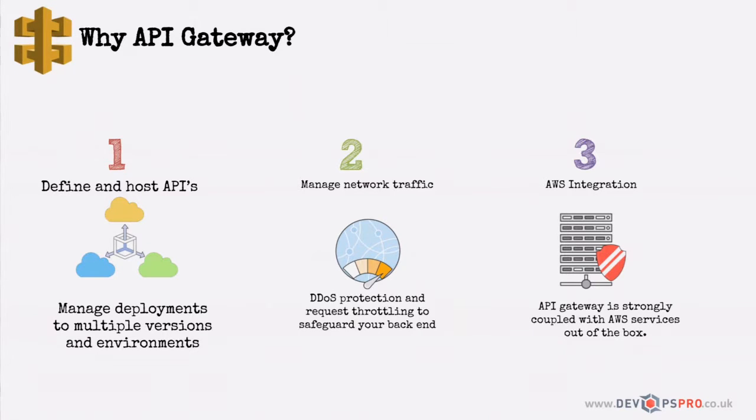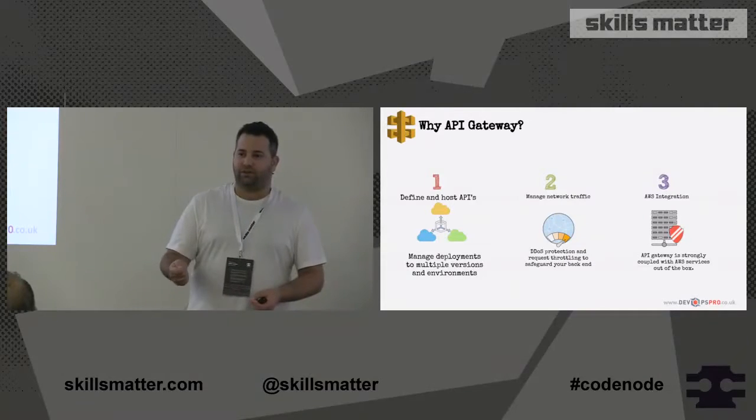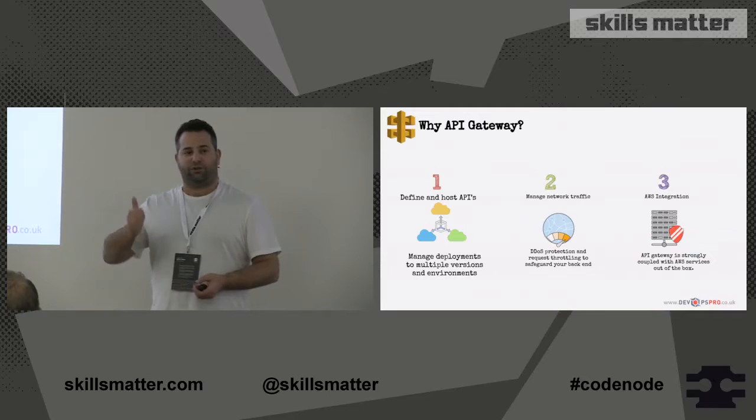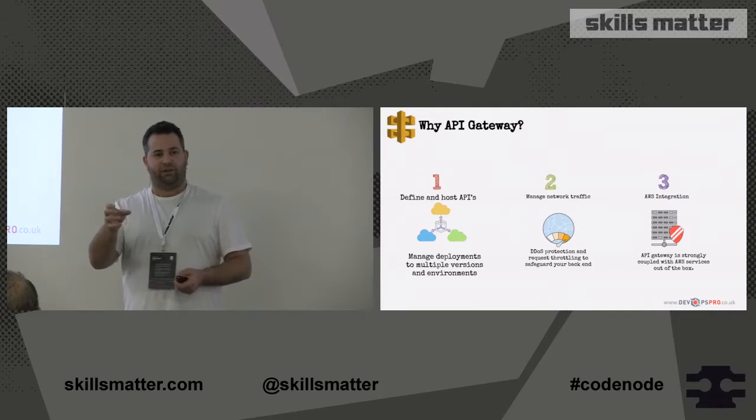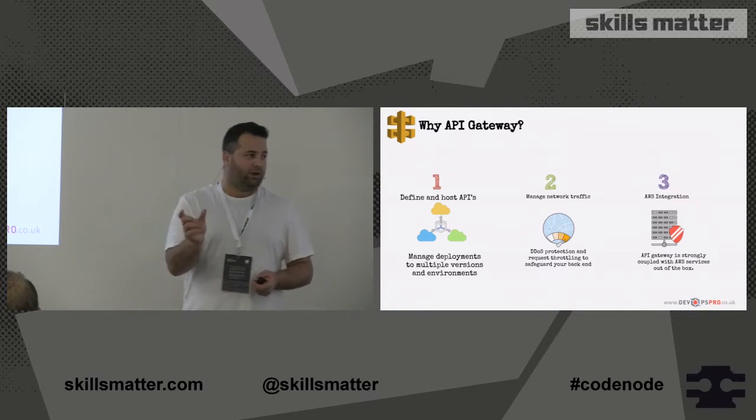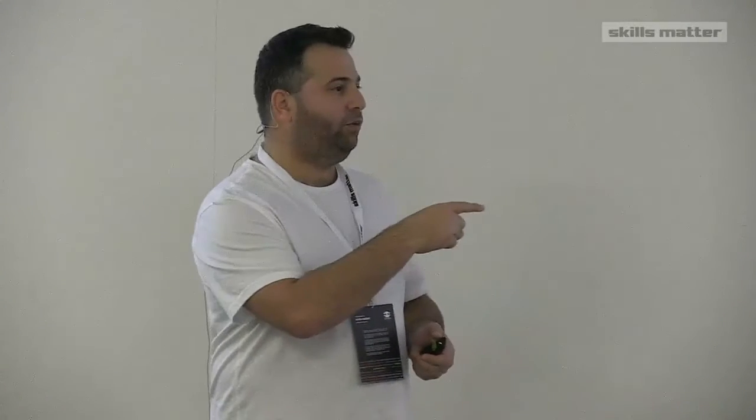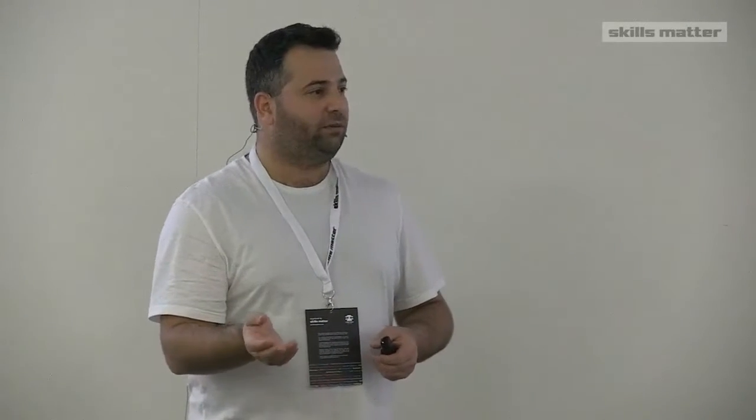It gives us protection in the form of DDoS attacks. It can throttle a lot of the requests, just remove them. If we see a valid DDoS attack coming to our servers, we can identify it very quickly and block it in API Gateway. We don't need to block it in our servers. We don't need to block it in our application. We can block it directly there.